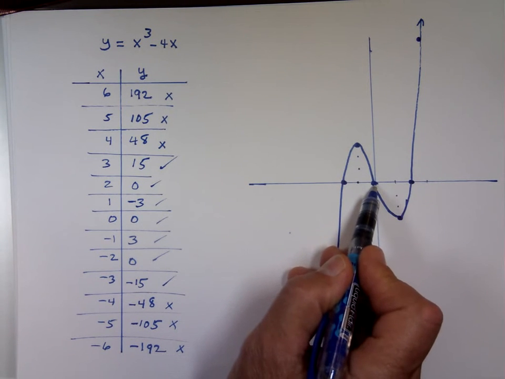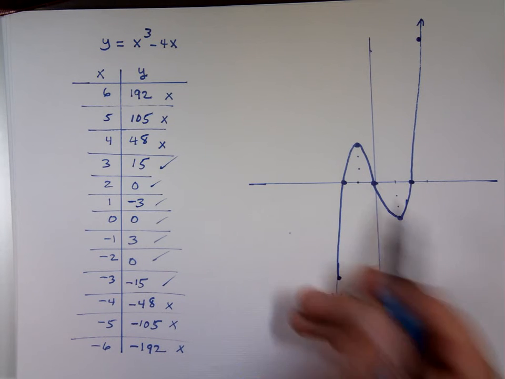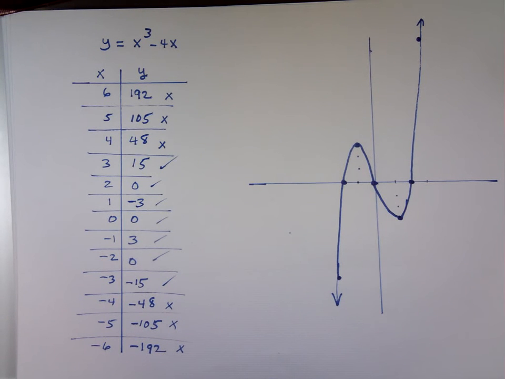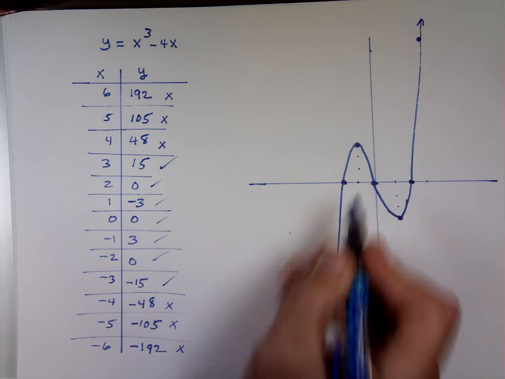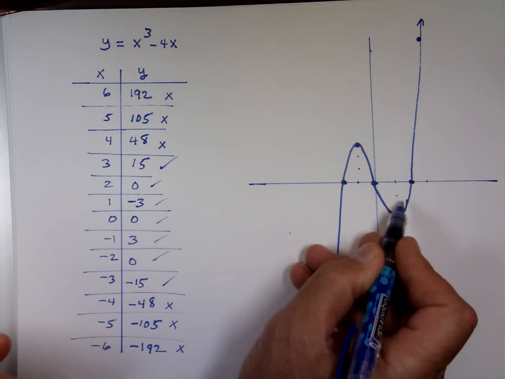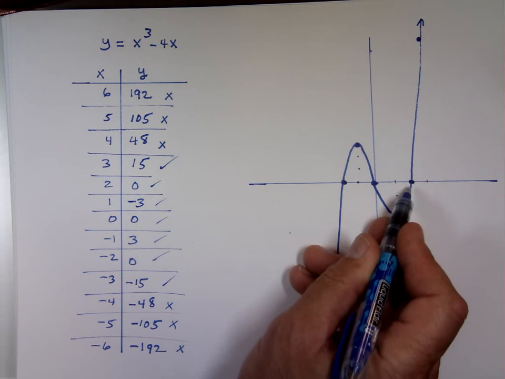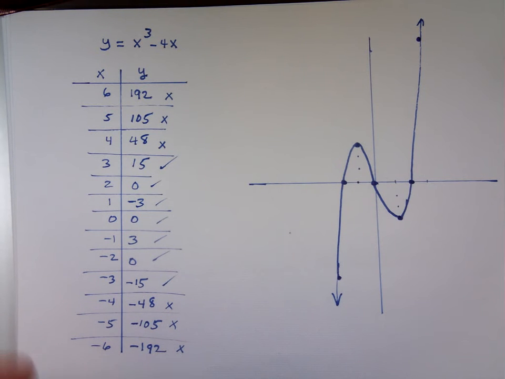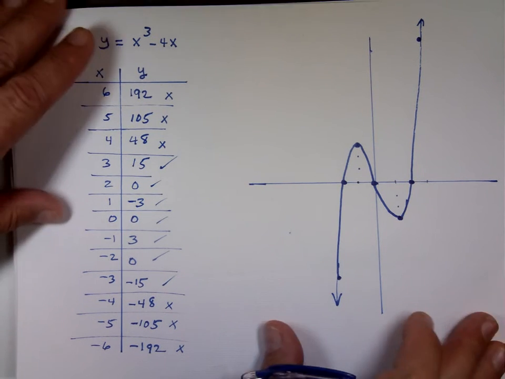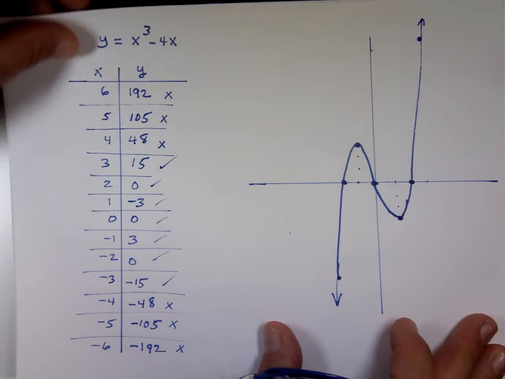And this point also is the y-intercept, the origin. You can find the x- and y-intercepts because sometimes these values are not exactly on the money, like negative 2, 0, and 2 there. So how do you find the x-intercept and the y-intercept? Perfect.